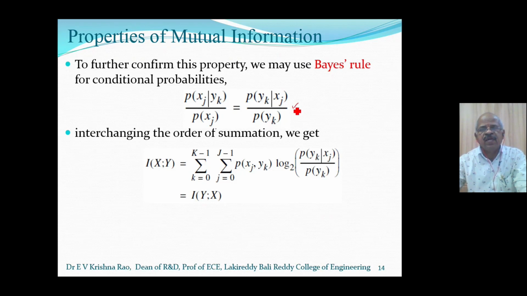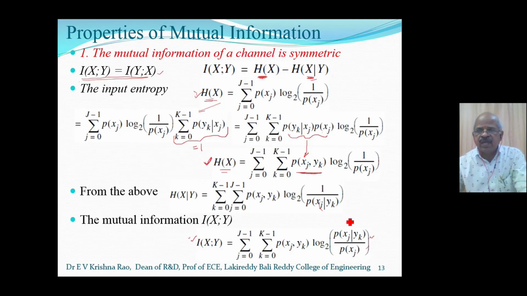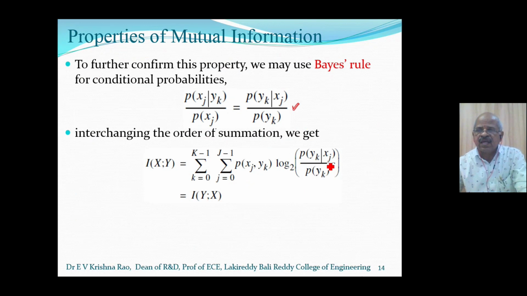This is the Bayes rule of probability theory. So p(xj at yk) by p(xj) can be replaced by p(yk at xj) by p(yk).